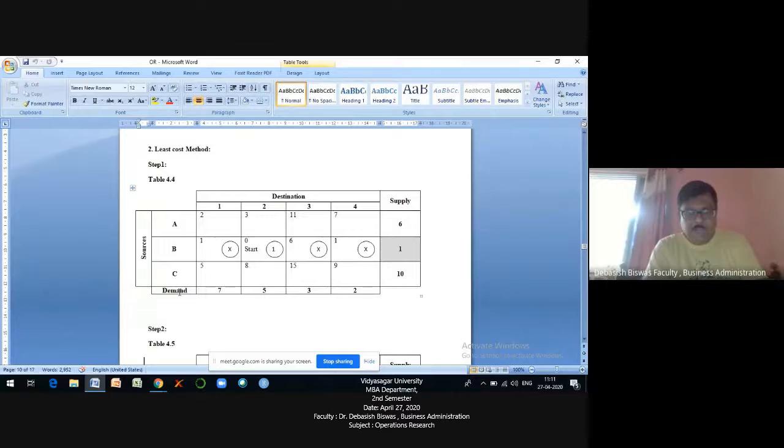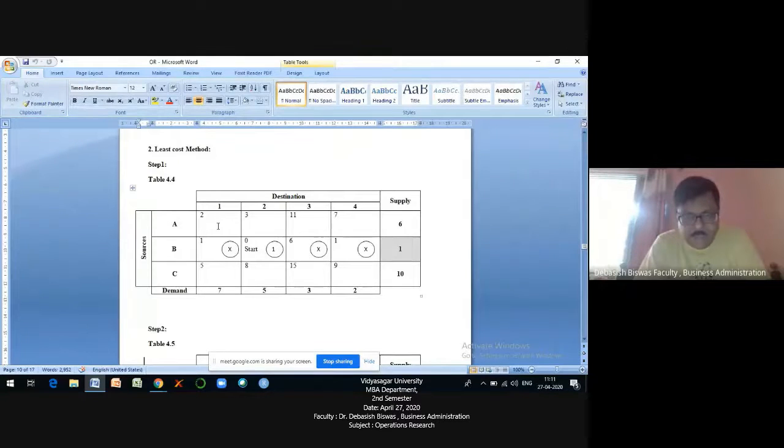In the previous class, I told you that when starting the northwest corner rule method, we started from the extreme left corner. But under least cost method, we must inspect all the elements.